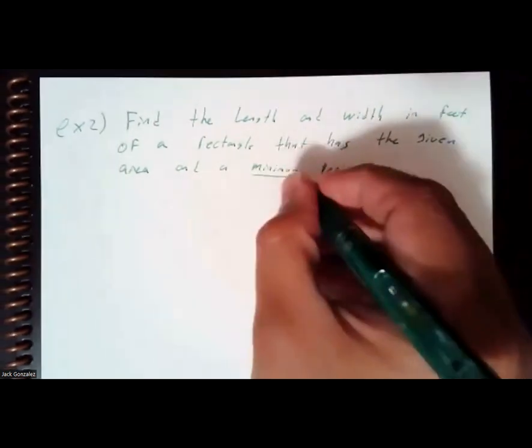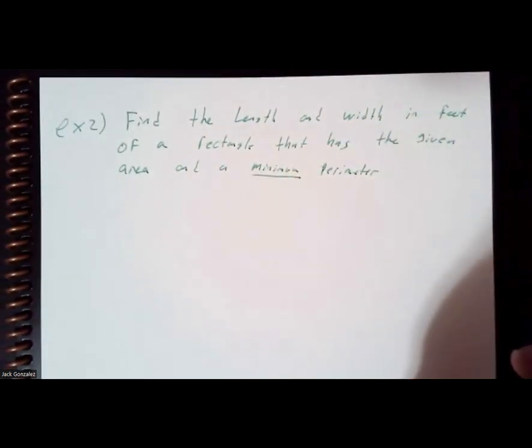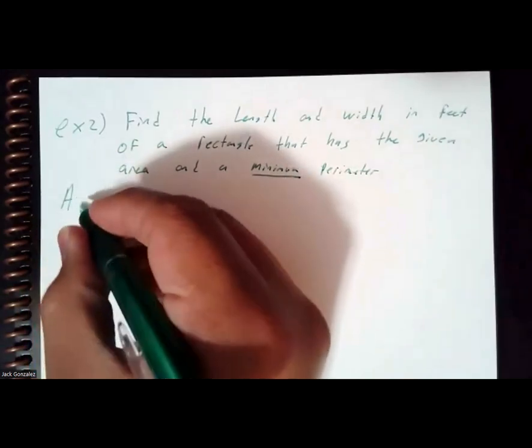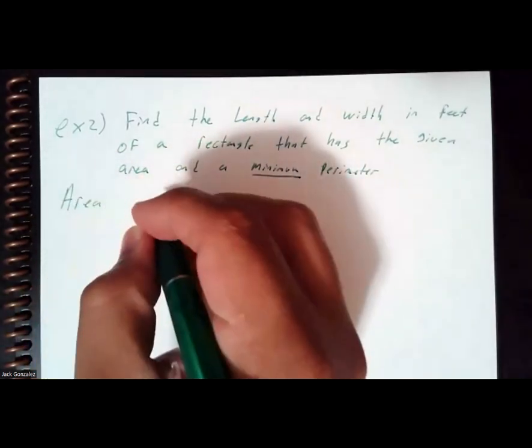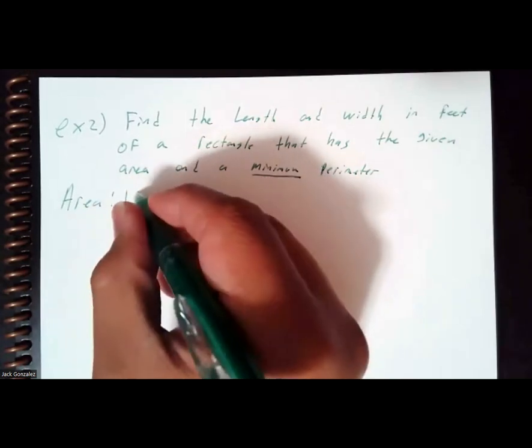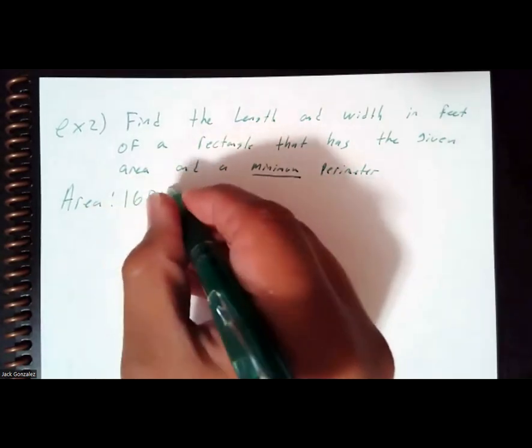So that's the key word. I'm minimizing perimeter. So I'm going to take derivatives of the perimeter formula eventually. The area they're giving us is 16 feet squared.